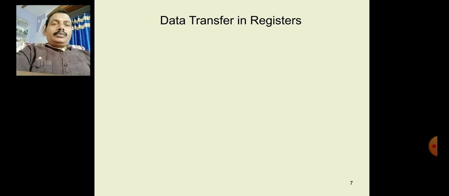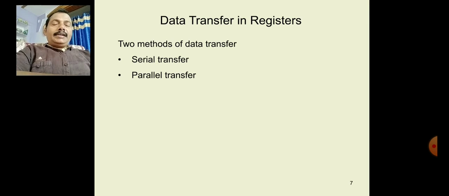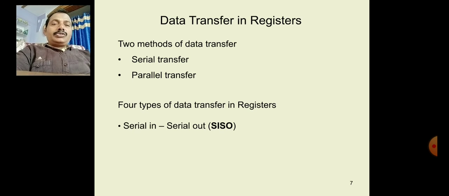So now data transfer in registers: two methods of data transfer, serial transfer and parallel transfer, are available. Because there are two possible main classifications, out of these we can use four combinations.